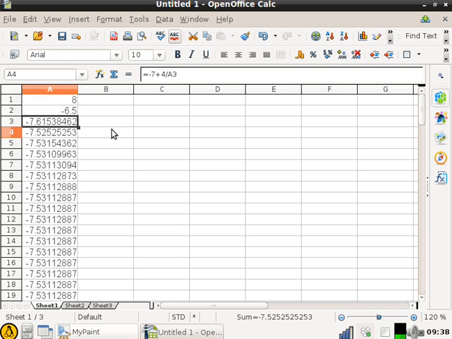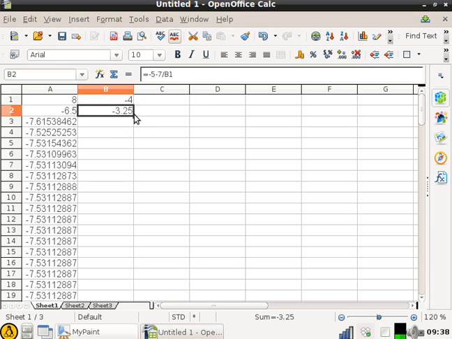So let's just see here. Let's have a look at B. So what's the first term in B? Minus 4. Minus 4, okay. And what's the formula? Minus 5 minus 7 over the previous term.